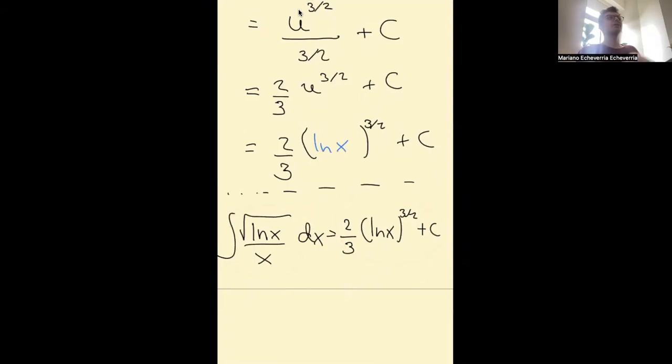So that's a way to check that you got the right answer: you can always take the derivative of what you are claiming to be the antiderivative to check if you get the function on the inside. Is that making sense? Are there any questions about this?